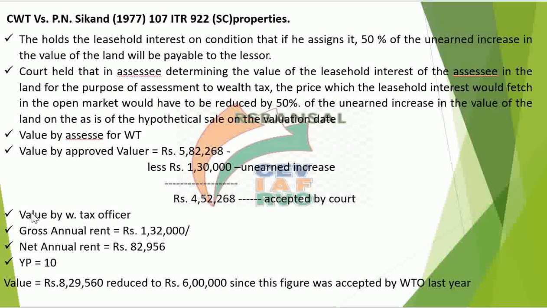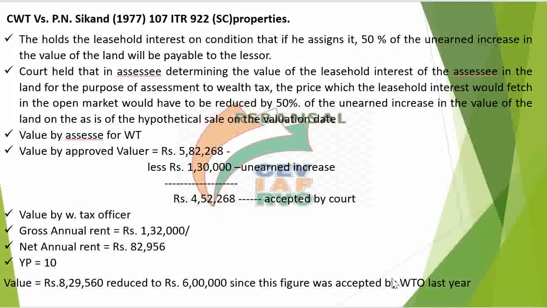But as far as the value by the wealth tax officer is concerned, he assumed the gross annual rent as 1,32,000 and the net annual rent as 82,956. By considering YP equals 10, the wealth tax officer calculated the value as 8,29,060 and reduced it to 66 lakh, since that figure was accepted by the WTO last year.